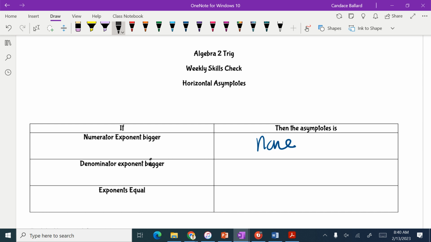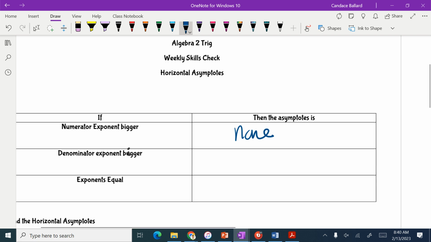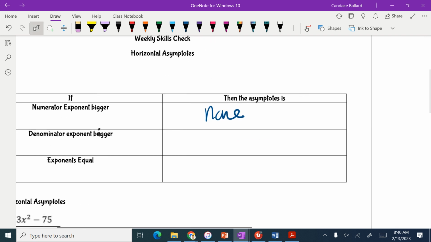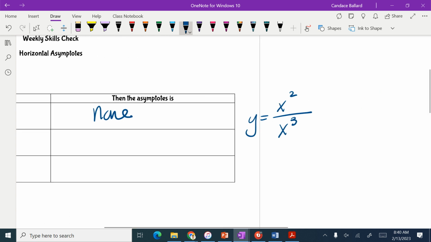The denominator exponent is bigger. Okay. If that happens, so let's talk about what that means. If I have something like this and my denominator exponent is bigger, so if I have squared here and cubed there, which one of these is going to grow faster?